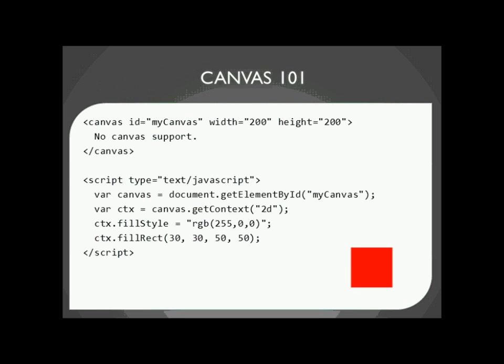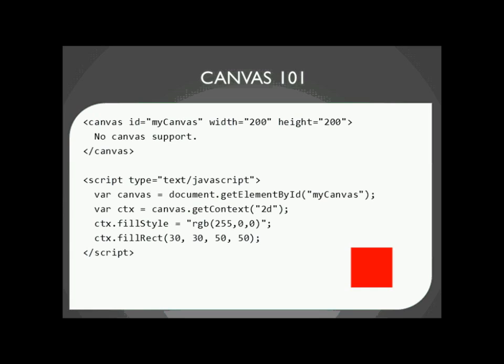So Canvas 101, as I noted: you denote your canvas element, and you have a fallback here, if you look at this. If canvas is not supported by the browser, it will display, hey, no canvas support. If it is, it will use some JavaScript here, getElementById, and you notice the ID is named myCanvas.